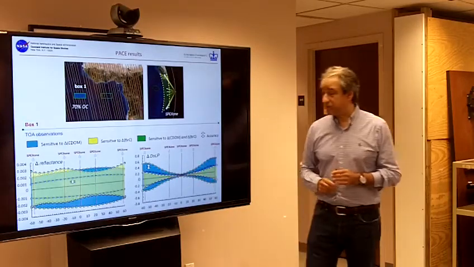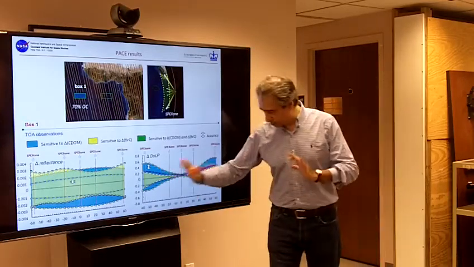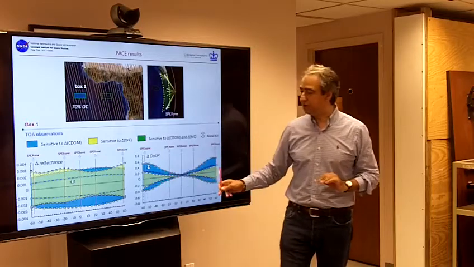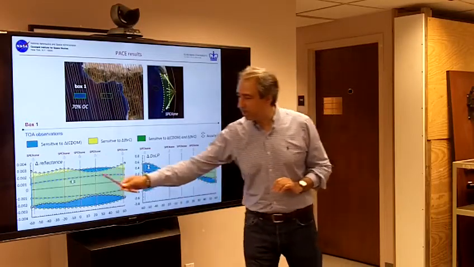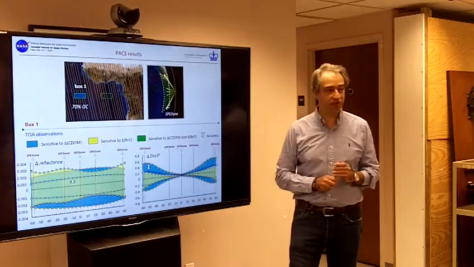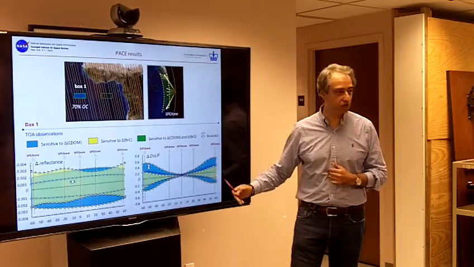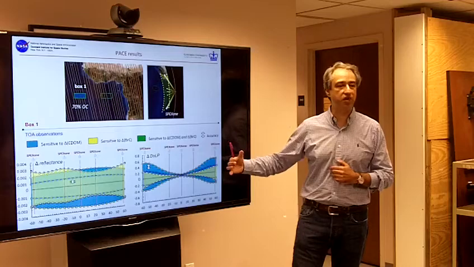For the degree of linear polarization, you see of course much more green, but it's not as dominant as for the total intensity, and we also don't see any yellow. So that will provide extra constraints.